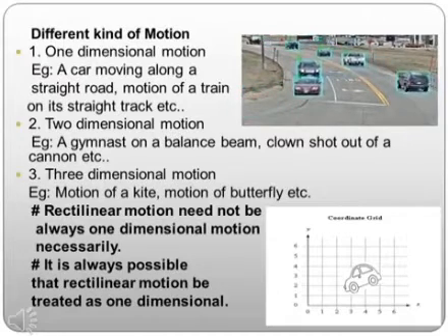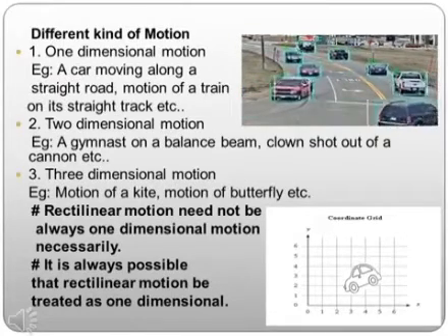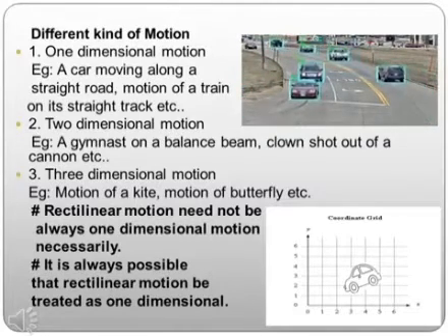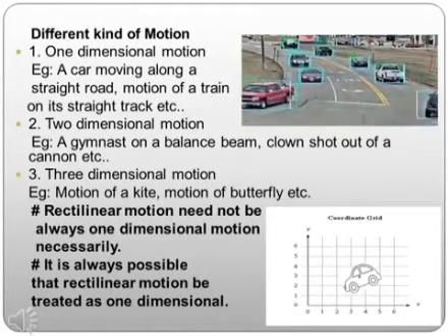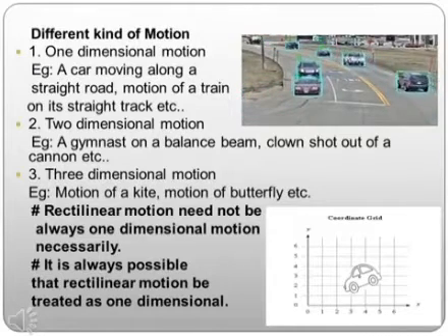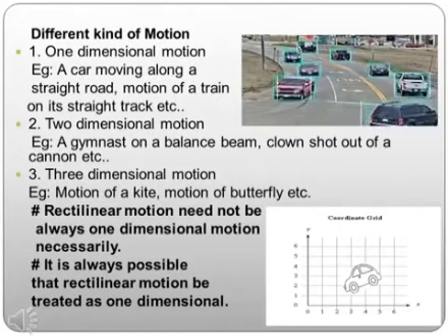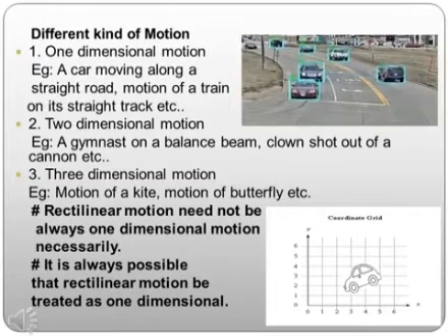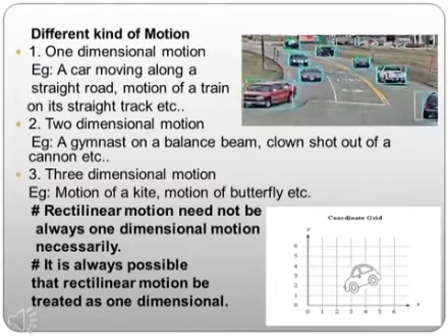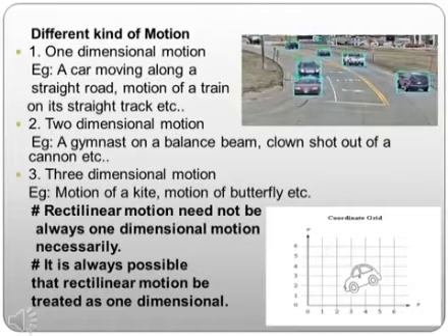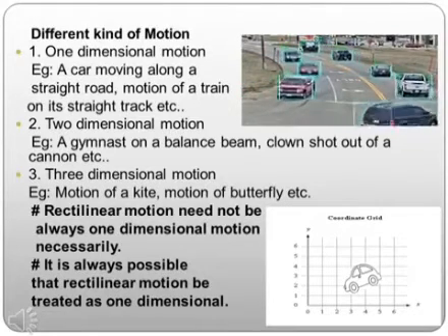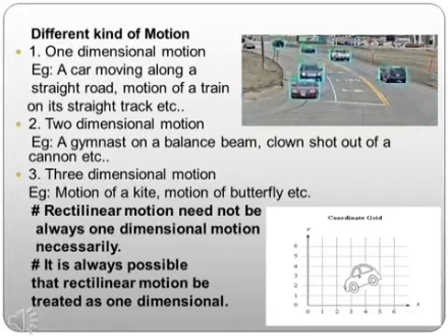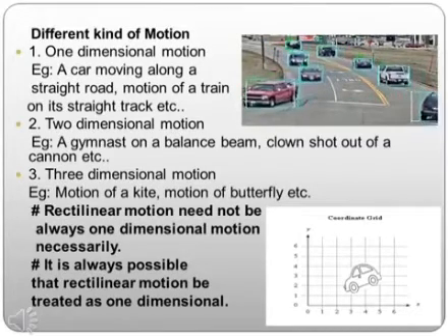Rectilinear motion need not always be one-dimensional motion necessarily, but it is always possible that rectilinear motion can be treated as one-dimensional. How can we justify these statements? For this, I consider a car which is moving along the x-axis of a coordinate system consisting of two axes, x and y.